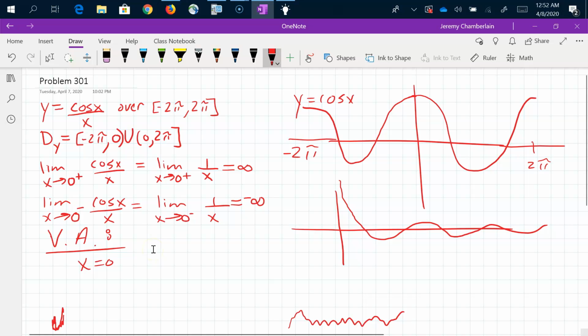So over here, I'm going to look at y. I'm going to put a negative x into the function and see what happens. So when I put negative x into cosine x over x, there's my input, negative x, but cosine is an even function, so cosine of negative x is the same thing as cosine x.